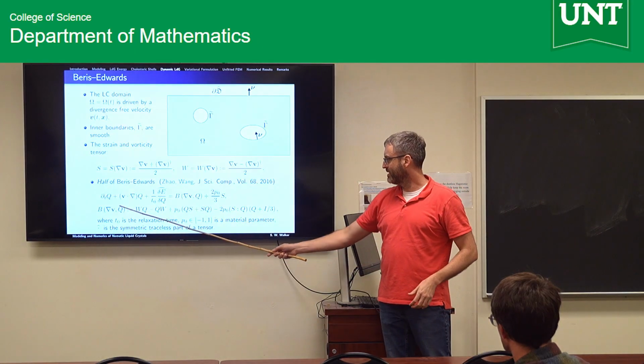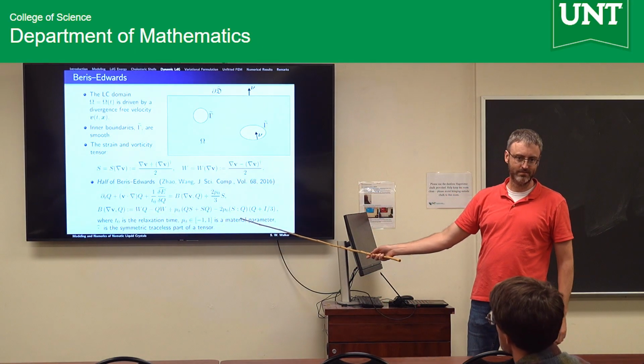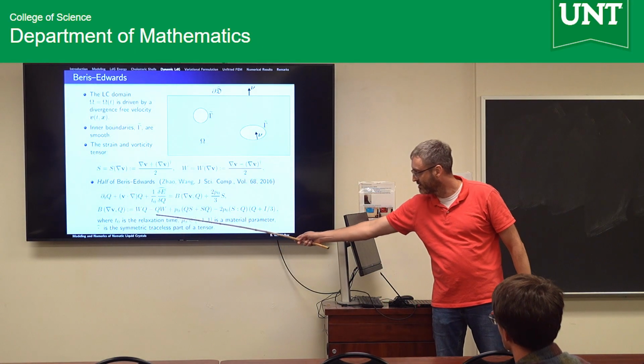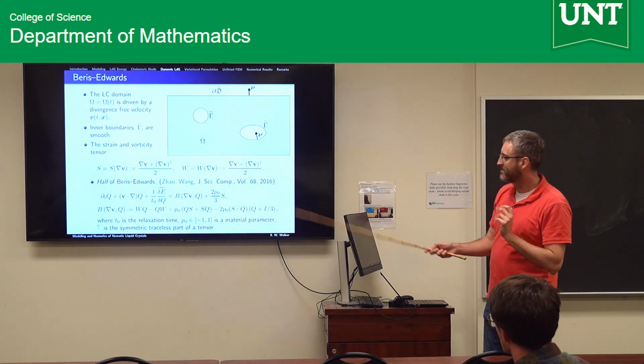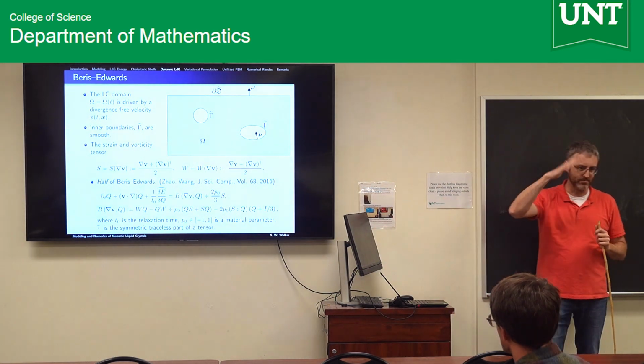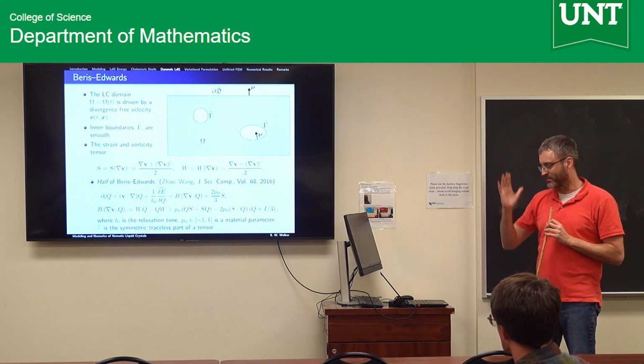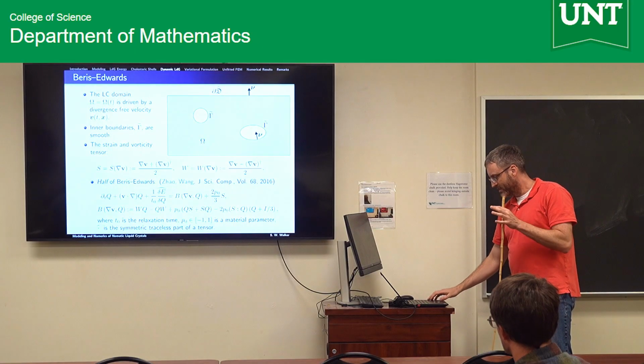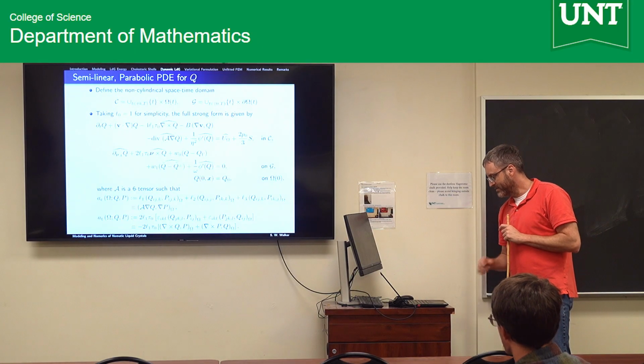To do that properly, you have to add this stuff. Mainly this first piece. And this is connected to what's called the co-rotational derivative. Anyway, a little bit of a mess, but it's not too bad.